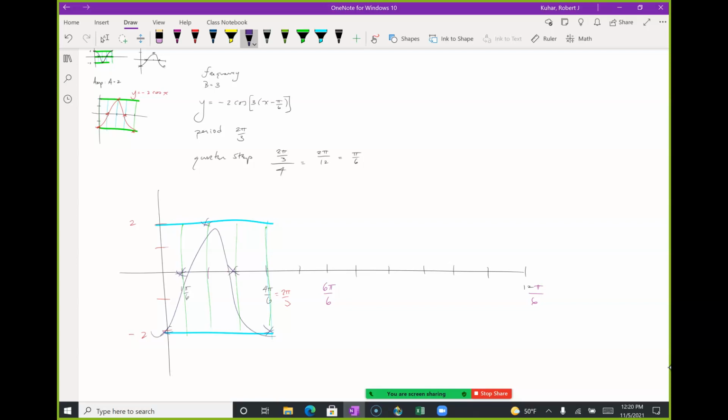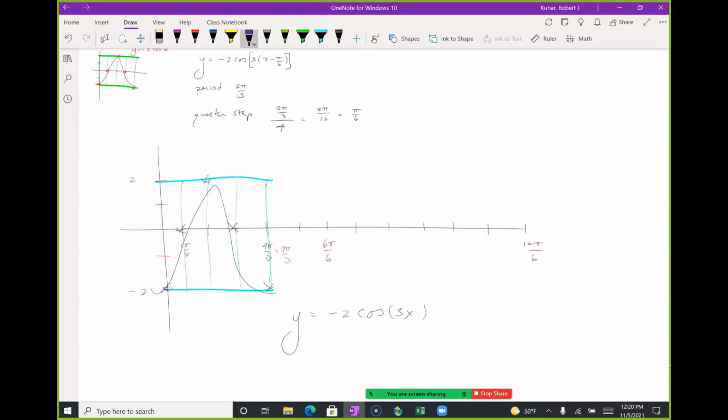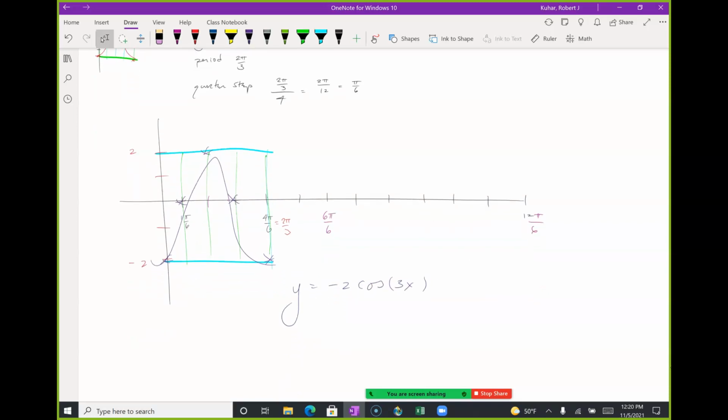I know I probably screwed a couple of you up a little bit there, but you'll get used to it. So this is y equals minus 2 cos of 3x. Now I want to let you see what, again, this frequency means.